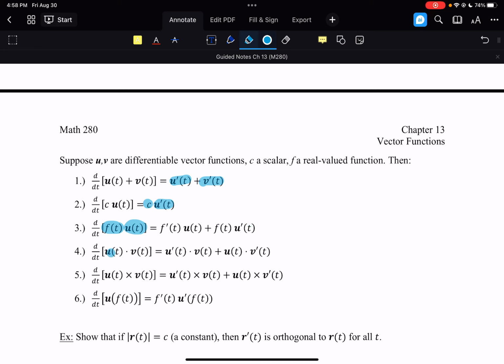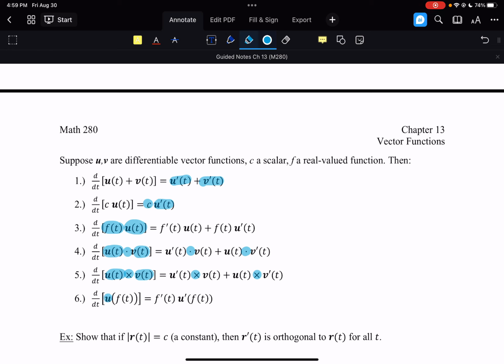And then derivative of u dot v is going to be essentially the same formula, but with dots instead of times. And then u cross v, we're going to get, again, the same formula, but with cross products instead of multiplication.